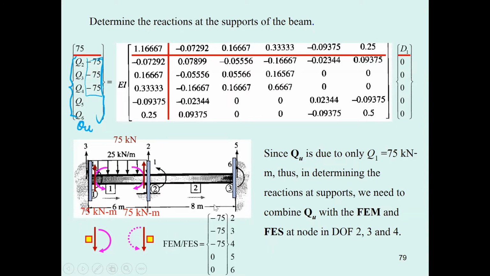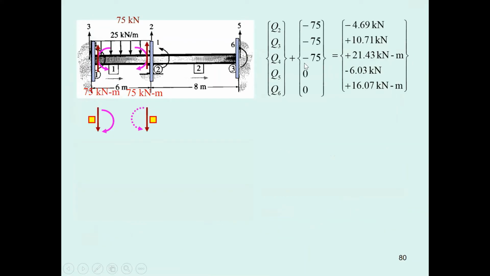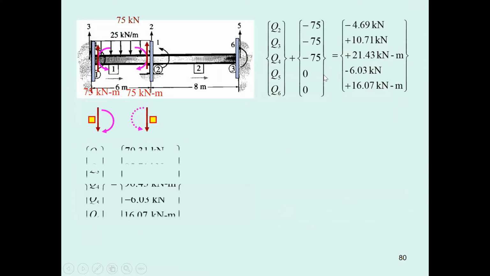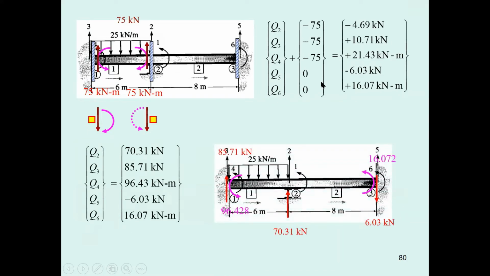You get it. You plug this one back over here, and then you can do the computation by putting them together. So this is going to be the reaction, force, moment, and force. And then you must check the equilibrium of this.